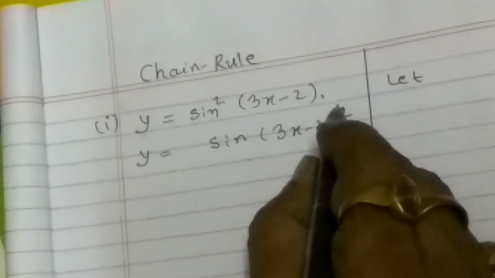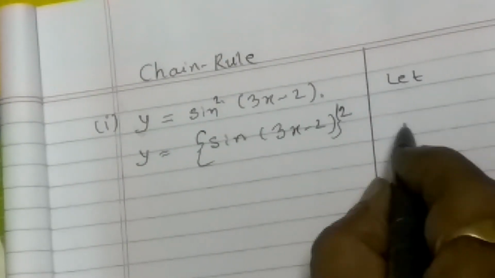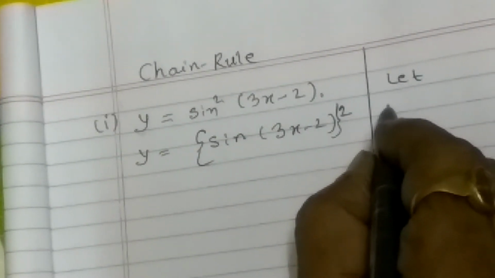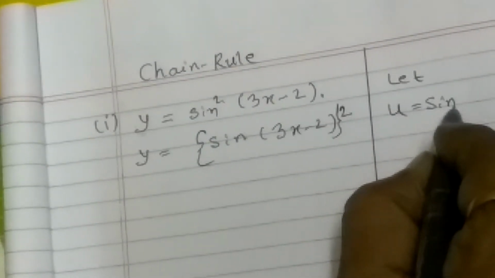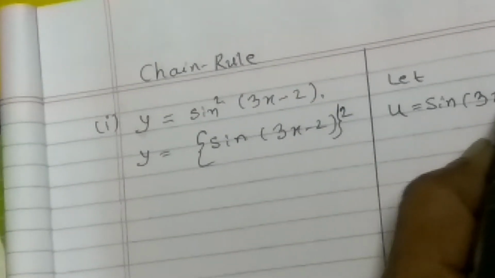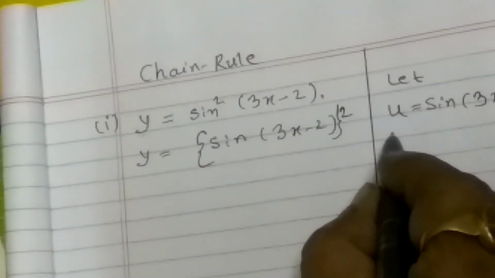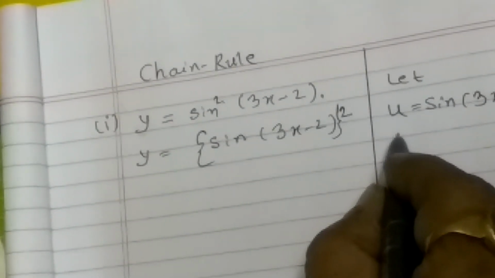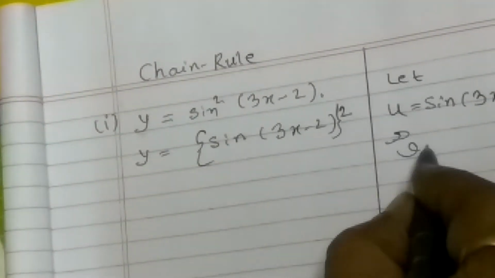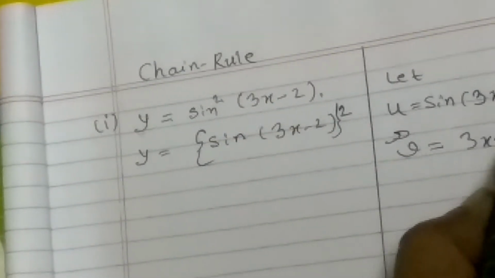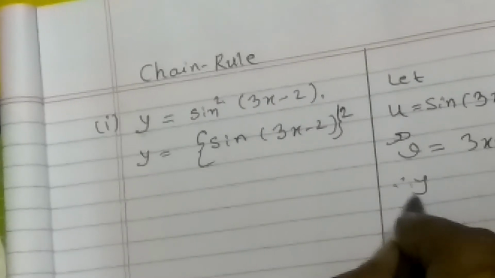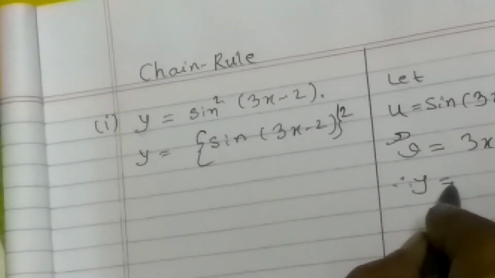We are assuming the entire part of the bracket as u. You can assume any value. And v equal to 3x minus 2. Therefore y equal to u square.